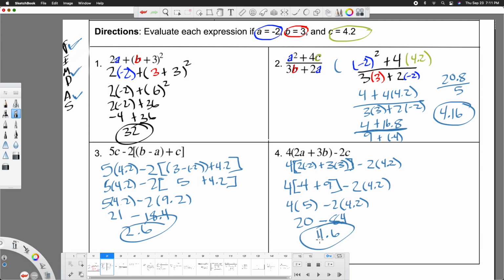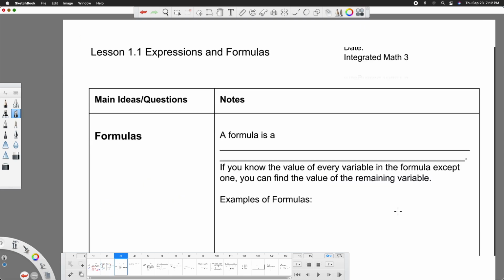All right, let's go to the next page here. So we have a formula, we're going to write out a sentence here, a mathematical sentence that expresses the relationship between certain quantities.